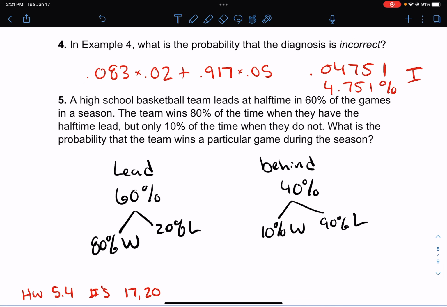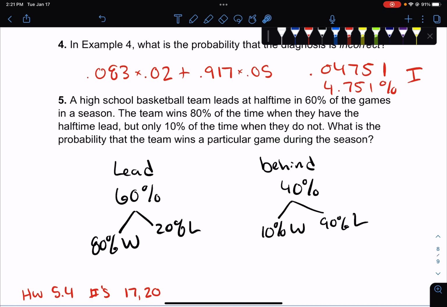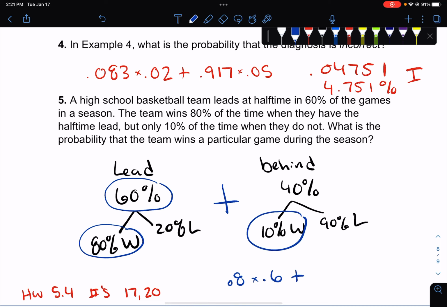Okay, so I've got this group of probabilities that I need to add to this group of probabilities, and I'm interested in when they win. So they win 80% of the time when they have the lead, which is 60% of the time. So I'm going to take 0.8 and multiply that by 0.6. And then I've got to add the other probability. They win 10% of the time if they're behind, which is 40% of the time.